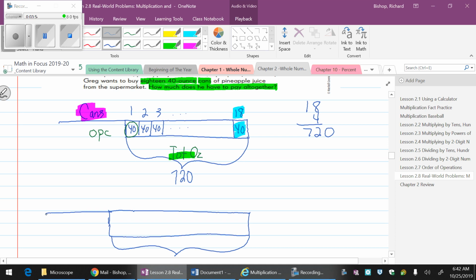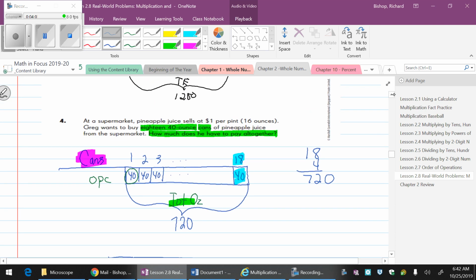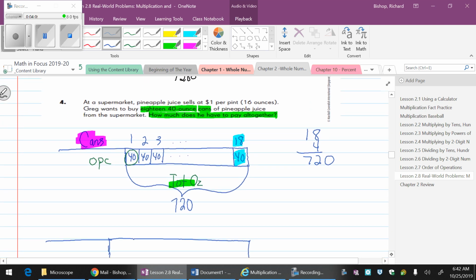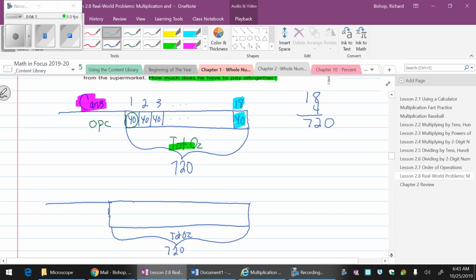Okay, I have a total of 720 ounces. That's my total now. I do have a total. But here, it's telling me that it's $1 per pint. So what am I breaking these ounces into? The unit of pints.